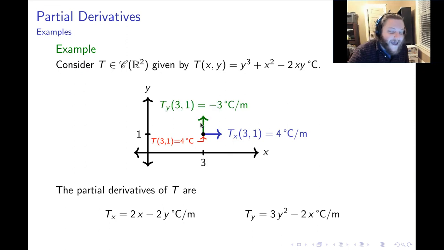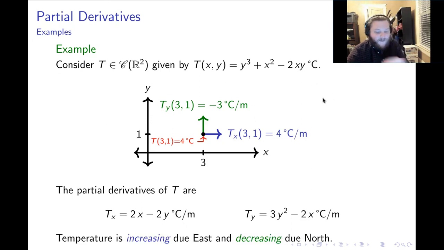If instead I plug in the point 3, 1 into the partial derivative with respect to y, the output here ends up being negative 3 degrees Celsius per meter, which means that if temperature is 4 degrees Celsius at the point 3, 1, if I travel due north, I would expect a rate of decrease of temperature to be 3 degrees Celsius per meter.